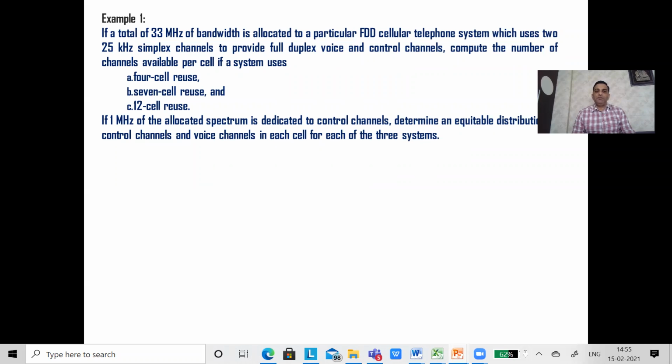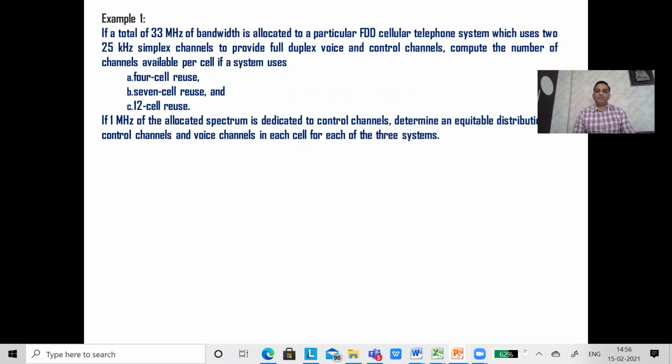So the statement of the example is: if a total 33 megahertz of bandwidth is allocated to a particular FDD cellular telephone system, which uses two 25 kilohertz simplex channels to provide full duplex voice and control channel, compute the number of channels available per cell if a system uses 4 cell reuse, 7 cell reuse, and 12 cell reuse.